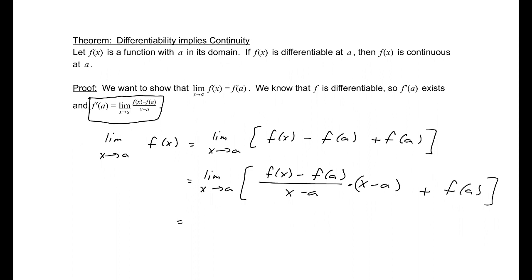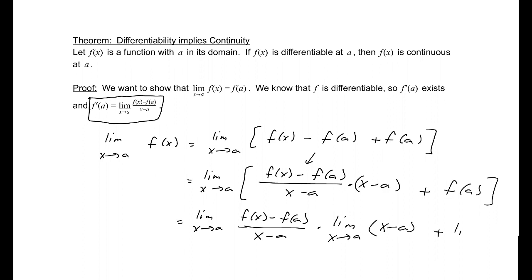This limit here exists. So, because all the rest of these limits have to exist because the function's differentiable, I can break this up into the limit as x approaches a of f of x minus f of a over x minus a, times the limit as x approaches a of x minus a, plus the limit as x approaches a of f of a.